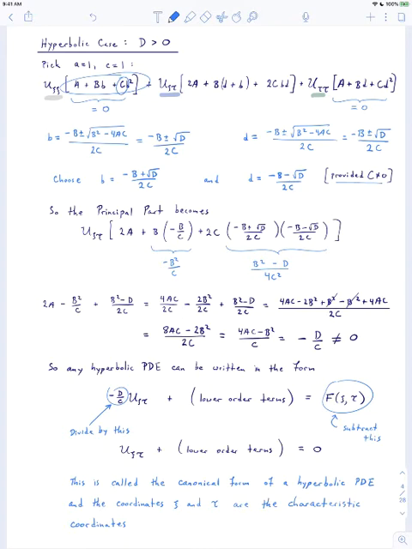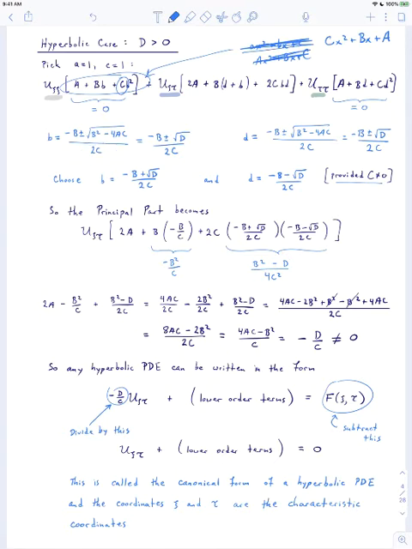Normally when you write out a quadratic, you have ax squared plus bx plus c. But that's not what we have here. What we have is the reverse: capital C x squared plus capital B x plus A. So it's a little bit backwards. That's why there's a C here in the denominator, and why we have a 2c in the denominator.